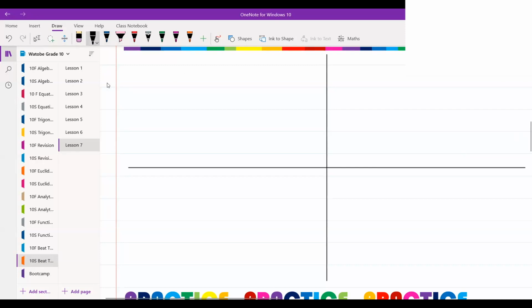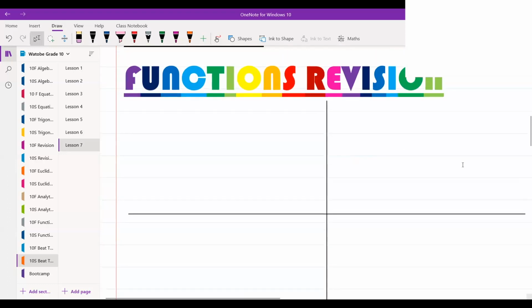Okay, so we're going to start by looking at the functions revision, and we're looking at the functions of graphs. All right, so the first graph we're going to come across: y is equal to mx plus c. It's a straight line graph, and we're very familiar with this.